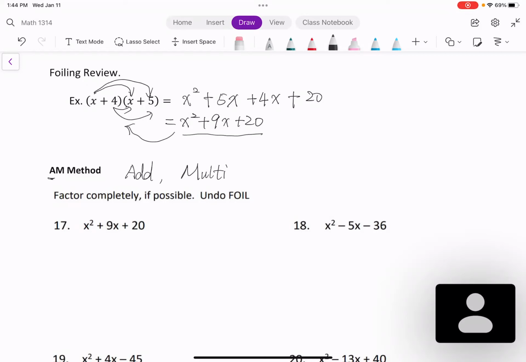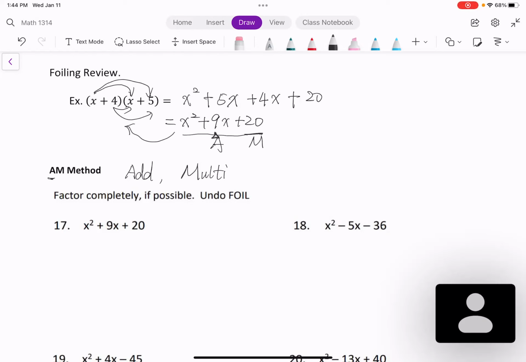The coefficient of the middle term is 9. Is that the addition? We can put an A here. And the 20, the last term, is the multiplication.